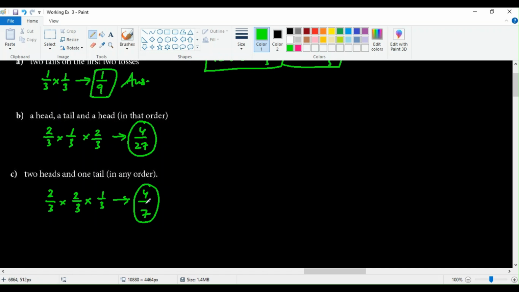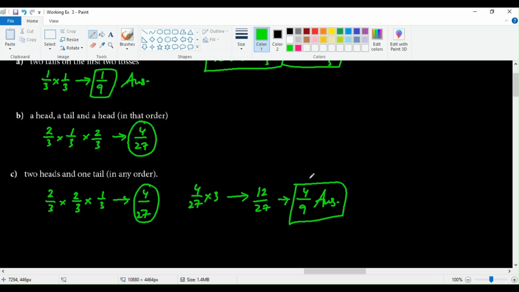Now it has to be 3 times. That means 4 over 27 times 3. Because of 3 shots, it's going to be 12 over 27. When further simplified, it's going to give us 4 over 9 as an answer for this question.